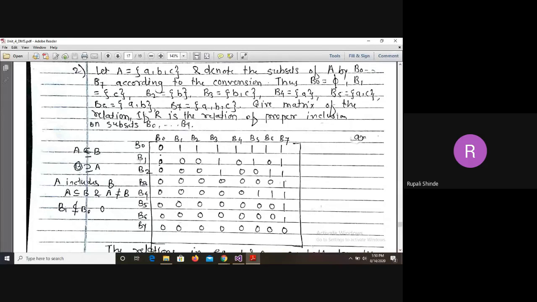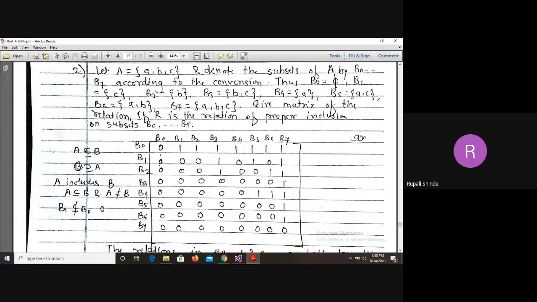Now the next pair is B1, B4. Okay. B1 consists of C and B4 consists of set A. So again there is no relation. Neither is a subset of the other. That's why we have to mark 0. Now the next one is B1, B5. Check the elements of B1.